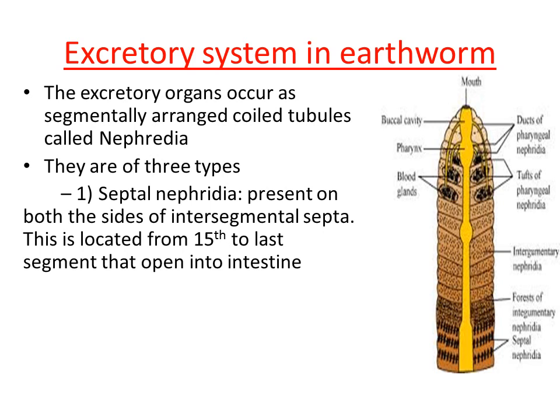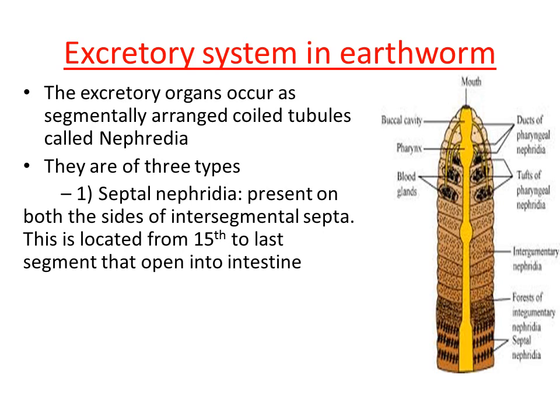Some of the nephridia in the earthworm are located in the septa region. That means in between two segments, in that common wall region, we can see the presence of nephridia. Such nephridia are called septal nephridia, right? Septal nephridia are present on both sides of the intersegmental septa.